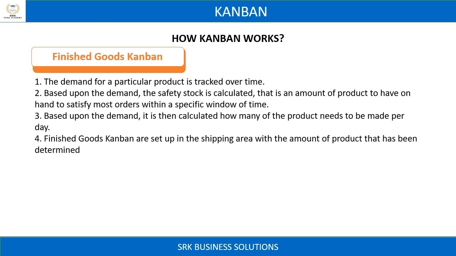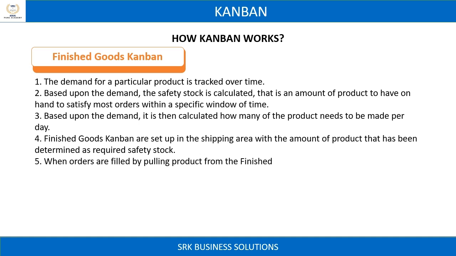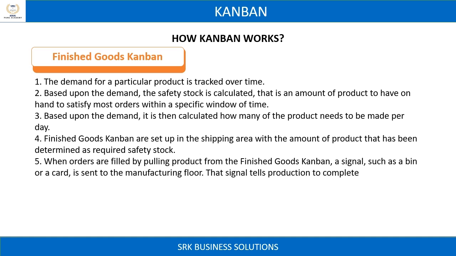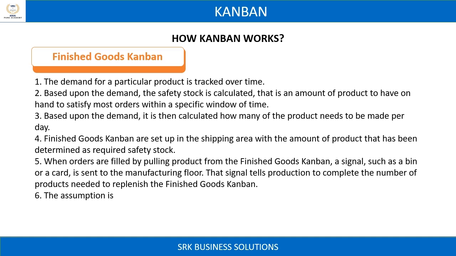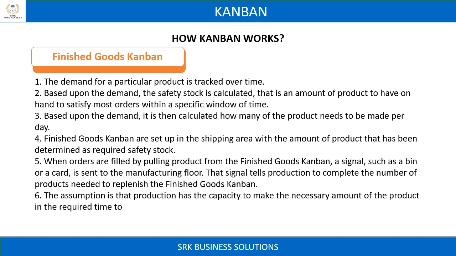Finished goods Kanban are set up in the shipping area with the amount of product that has been determined as required safety stock. 5. When orders are filled by pulling product from the finished goods Kanban, a signal, such as a bin or a card, is sent to the manufacturing floor. 6. The assumption is that production has the capacity to make the necessary amount of the product in the required time to keep the finished goods Kanban filled.